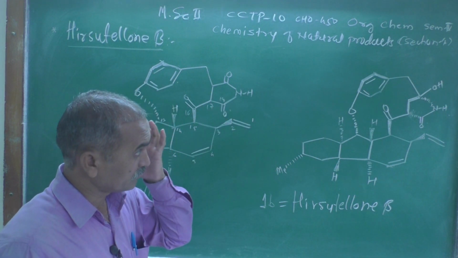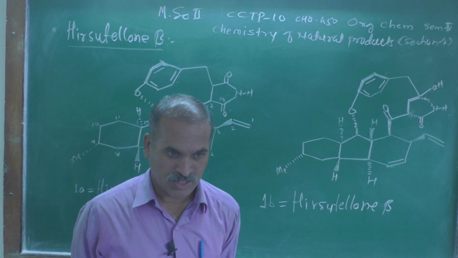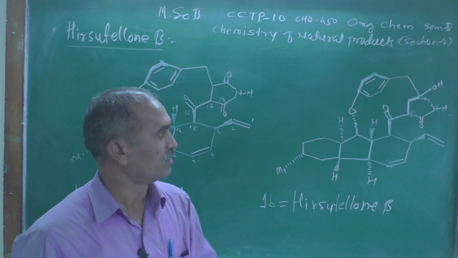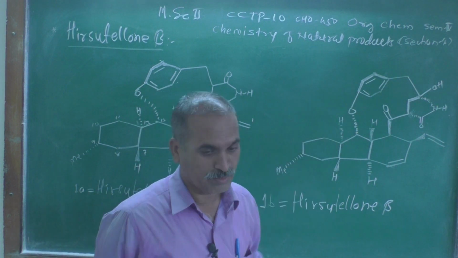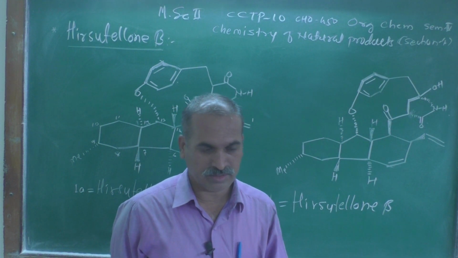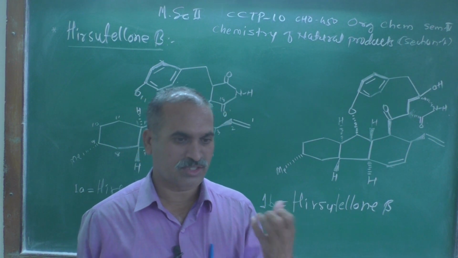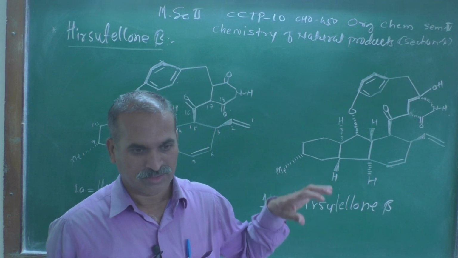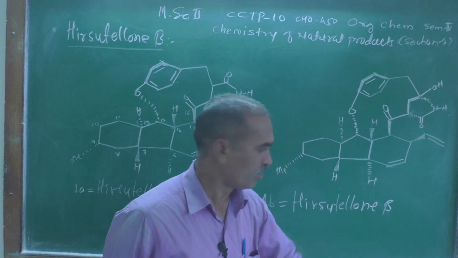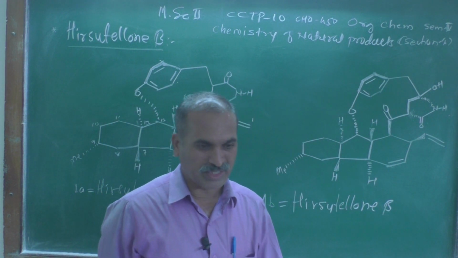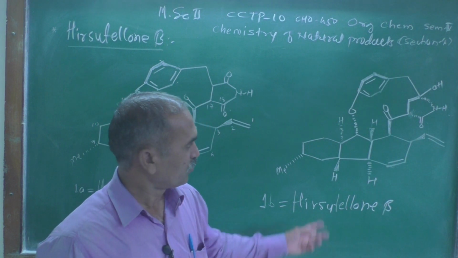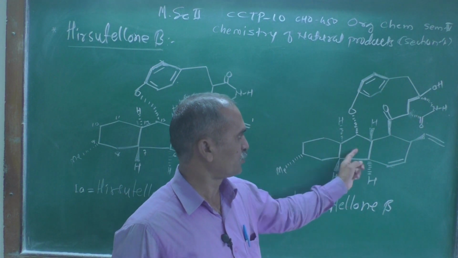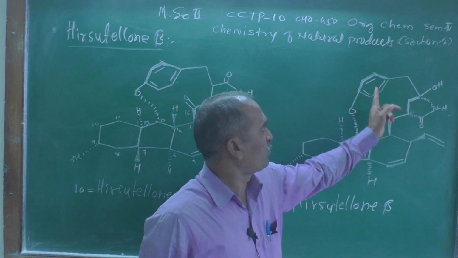So now can you tell me how many cycles are present in this molecule, maybe as 5-membered rings or 6-membered rings, how many rings are present in this Hirsutolone B. If you see here, observe this structure carefully: 1, 2, 3, 4, 5 and 6.